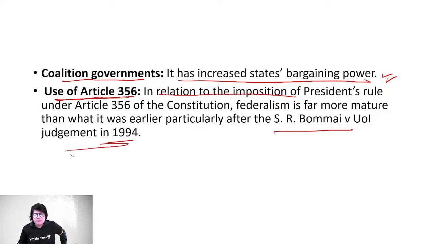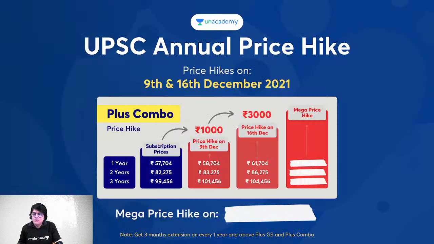So, in relation to the imposition of president's rule under Article 356 of the Constitution, federalism is far more mature than what it used to be earlier, particularly after the S.R. Bommai versus Union of India judgment of 1994.